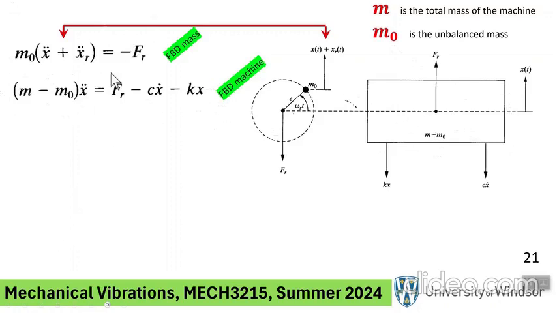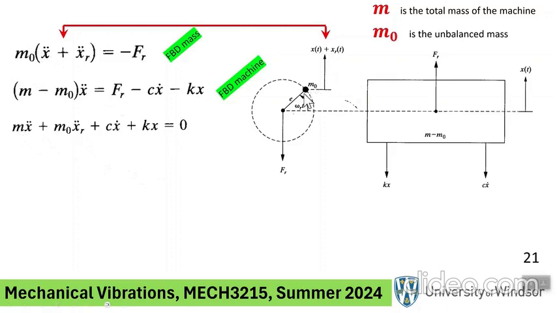Now we can add these two, can't we? This is true and this is true. We add them, Fr goes away, and also m naught times x double dot goes away. So this is what we are left with. Now the question is, what are we going to do with this xr? First of all, we know what xr is.